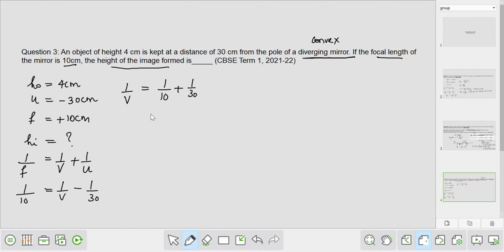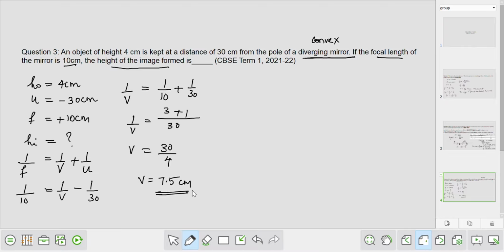You can take LCM as 30. So you'll get 3 plus 1. So V is equal to 30 by 4, which is 7.5 centimeter. This is your V.